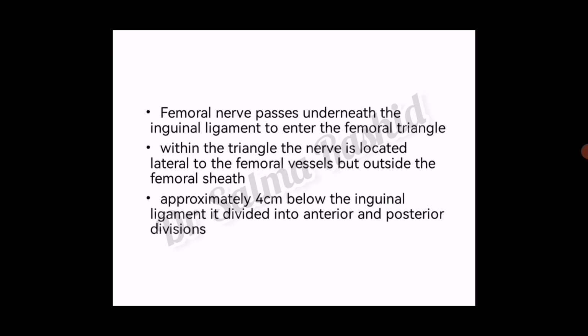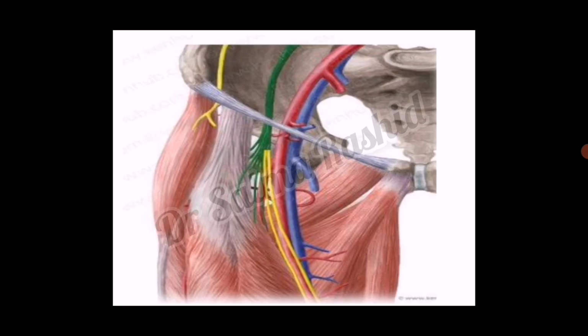Now femoral nerve passes underneath the inguinal ligament to enter the femoral triangle. Within the triangle, the nerve is located lateral to the femoral vessels but outside the femoral sheath. Here you can see femoral nerve shown in green color lies lateral to the vessels but outside the femoral sheath.